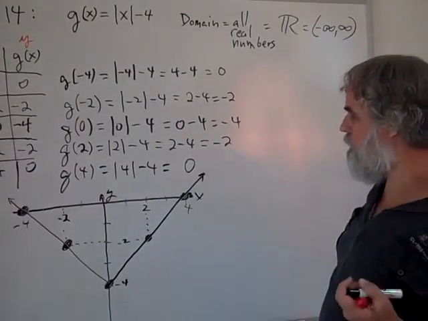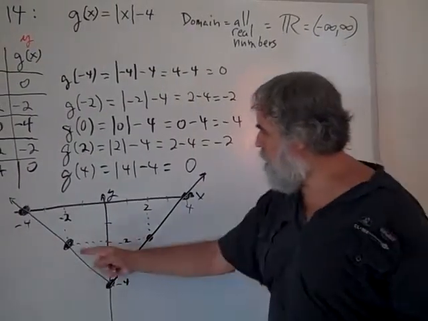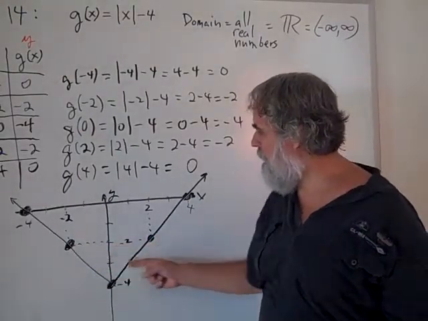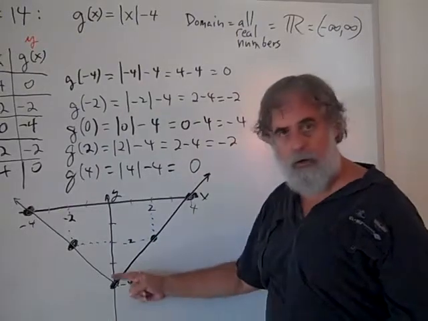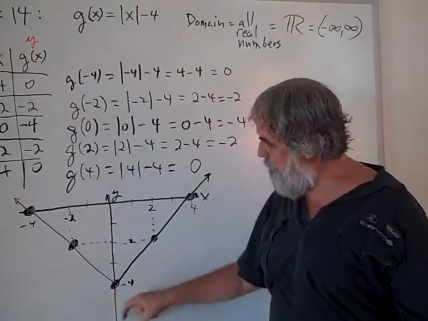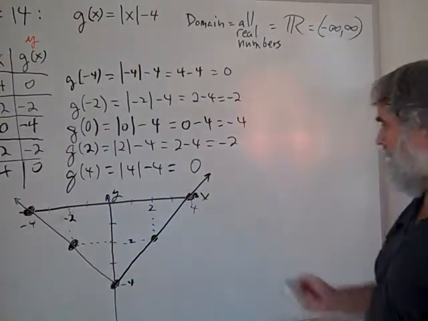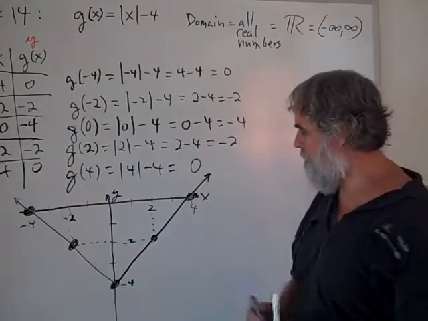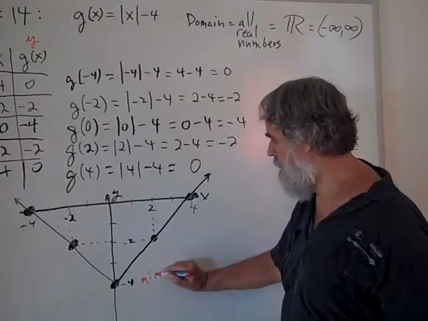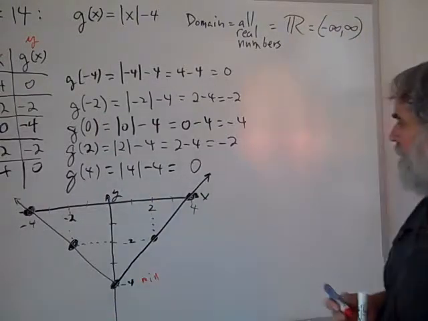How small can the range be? I see that there are y-coordinates on this graph all the way down to a y-coordinate of -4, but below -4, there's no point on the graph. So the minimum y value is -4. That's the minimum of the function.